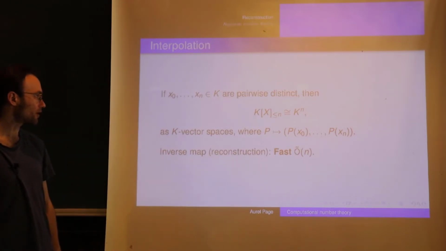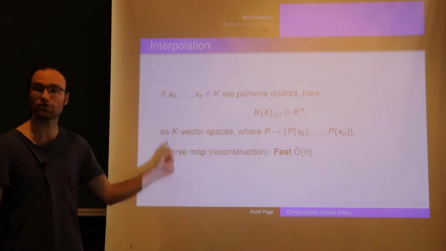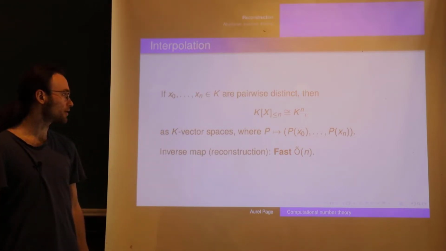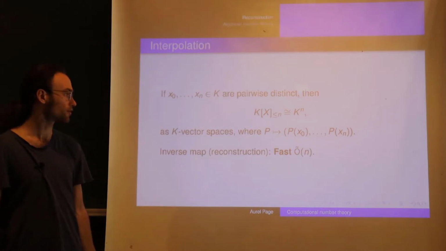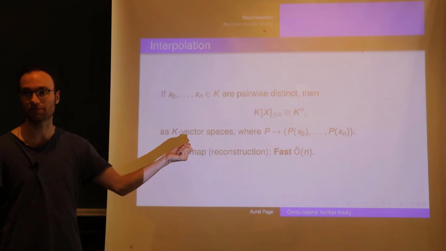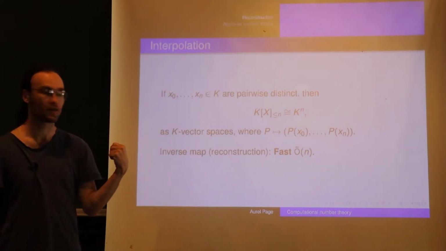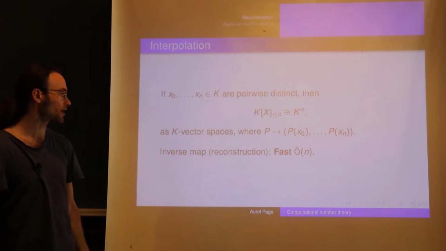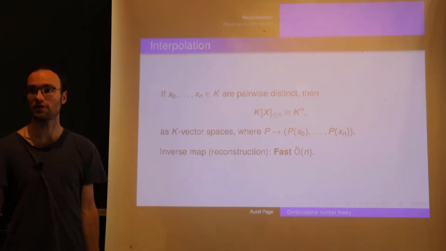So if you remember, we used something like this in the first lecture when we studied fast polynomial multiplication using the fast Fourier transform. We were evaluating at roots of unity and then reconstructing the polynomial at the end by interpolating. And I explained how you could do that quickly using the special properties of roots of unity.